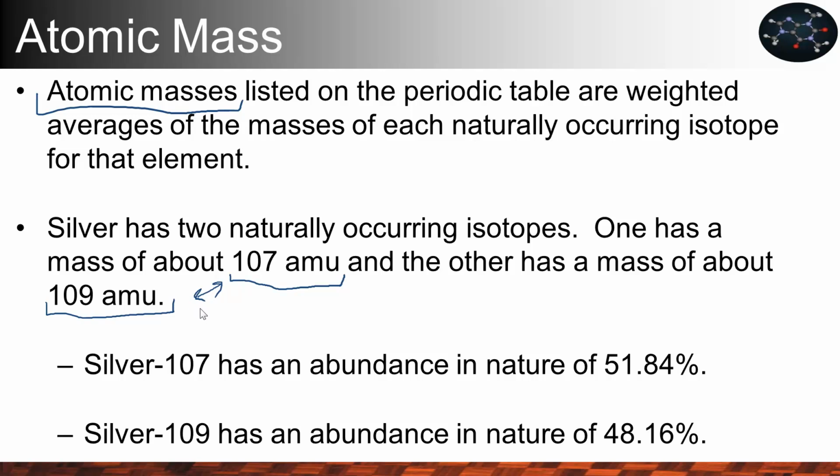So if we have a big handful of these things, and we find out through some means that 51.84% of them have a mass of 107, and 48.16% of them have a mass of 109, we can calculate a weighted average mass. Now, no individual silver atom will have that mass, but if you have a large enough group of them, that's the average mass, and you can use that to calculate things about them.